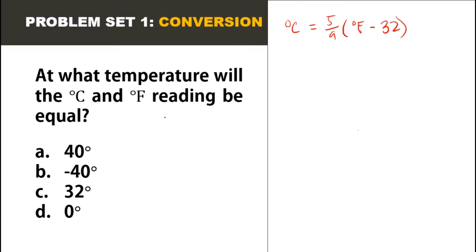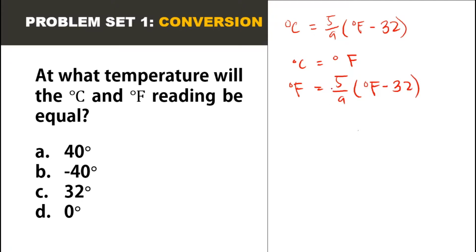It's stated in the problem that degrees Celsius and degrees Fahrenheit are equal. So degrees Celsius is equal to degrees Fahrenheit, and we can substitute that into our first equation. We have degrees Fahrenheit is equal to 5/9 times the quantity degrees Fahrenheit minus 32.